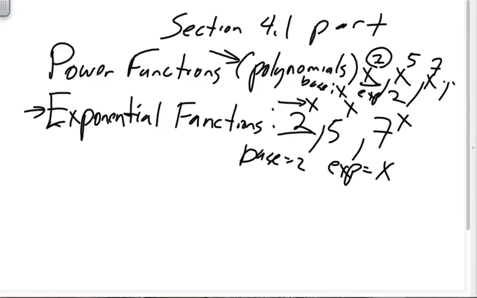Now our bases, so these are going to be some base a to the x power. A has to be bigger than 0. It doesn't equal 1, because 1 to any power is 1. It's kind of pointless.